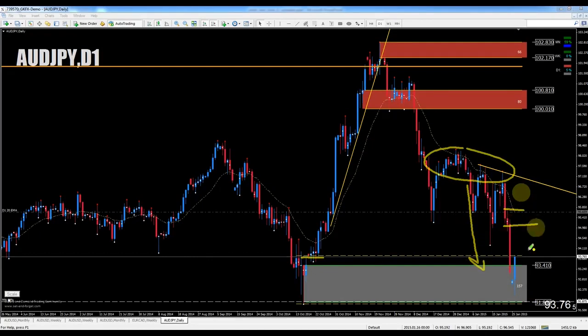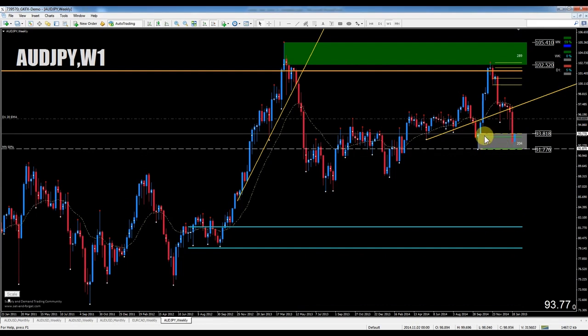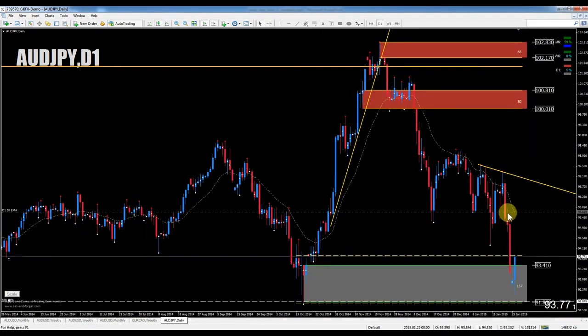This level over here that removed this little area of demand is valid supply, but a bigger time frame than itself, which is the daily, is in control: a weekly area of demand. So can this area work as supply over here? Yes, it can. But now we have a higher time frame area in control.